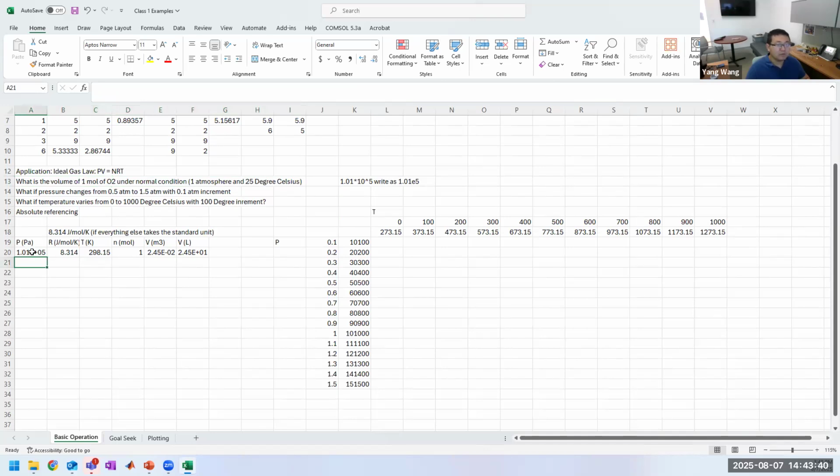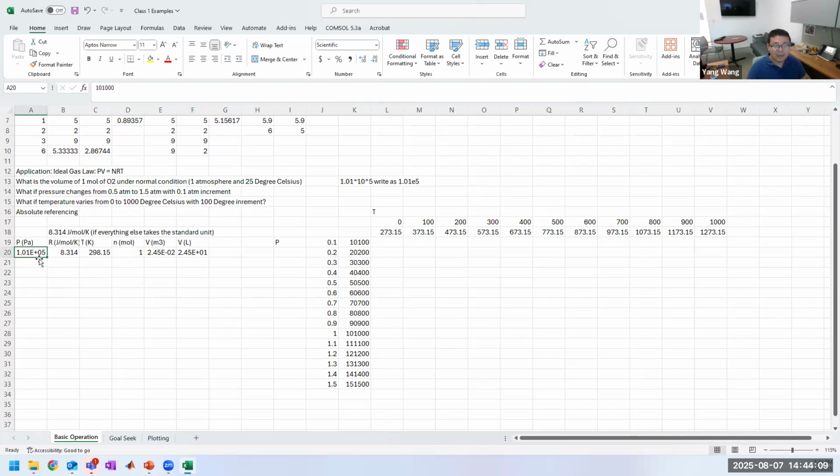So instead of 1 atmosphere, we want to find out the volume of the oxygen as pressure changes from 0.5 atmosphere to 1.5 atmosphere. We also want to calculate these volumes with 0.1 atmosphere as the increment, right? So basically 0.5, 0.6, 0.7, all the way to 1.5. Okay, now how do we do that?